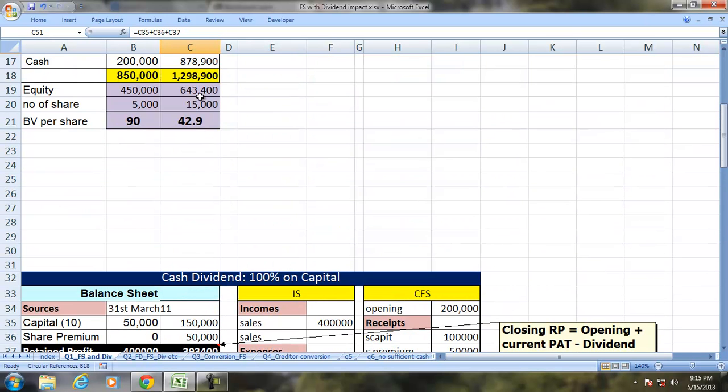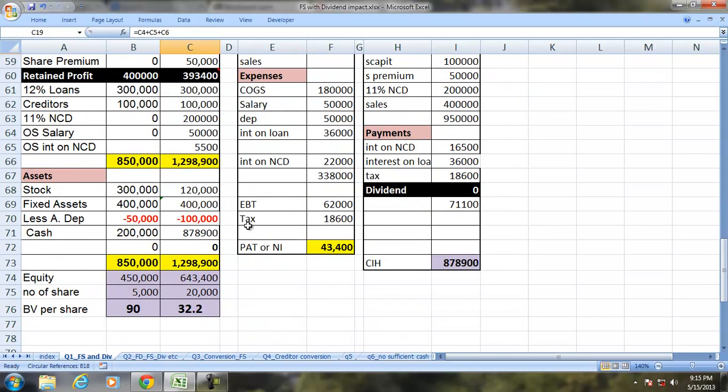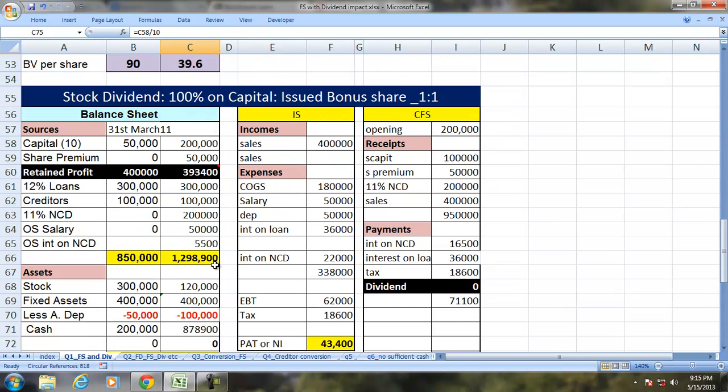But when the stock dividend is declared, the equity remained at 643,400. However, the book value reduced because the number of shares increased. The number of shares increased because the capital increased. Capital increased because the dividend has been distributed in the form of shares.